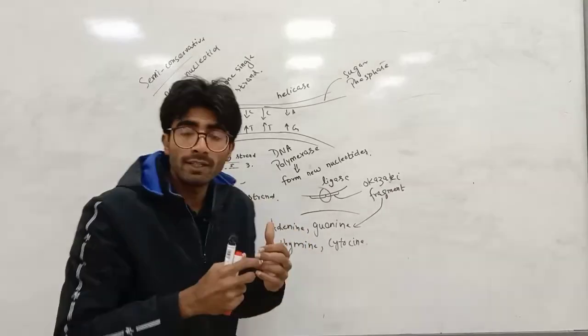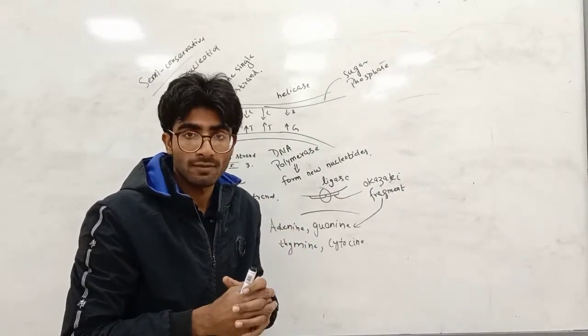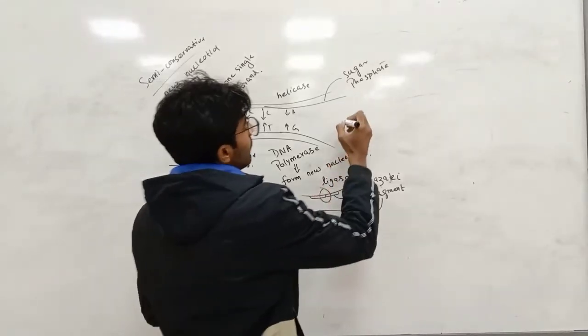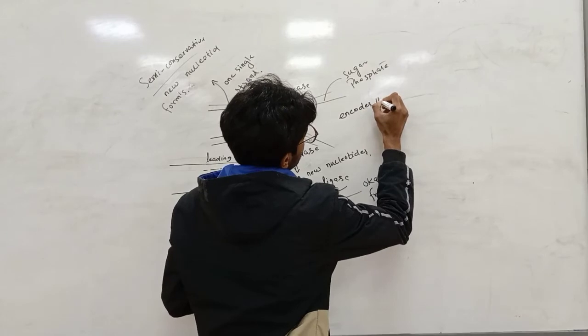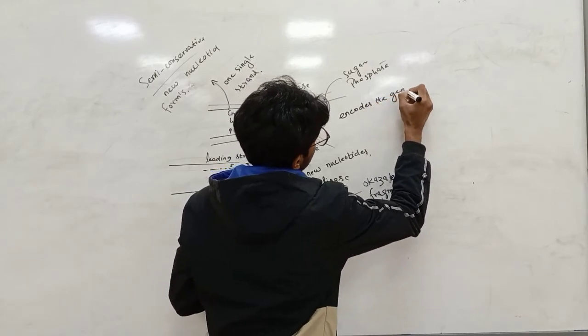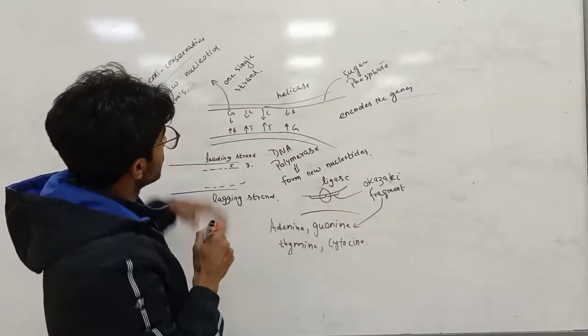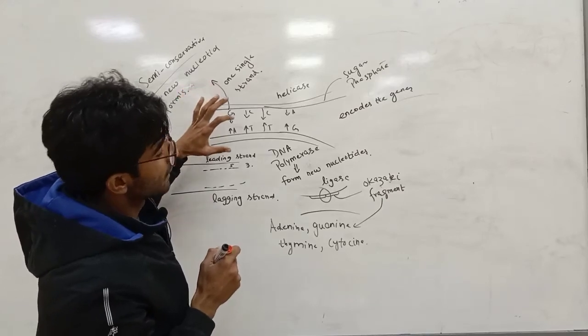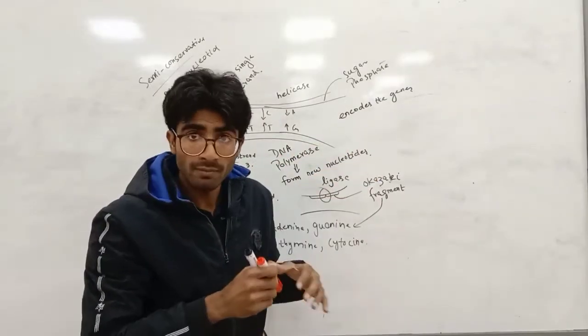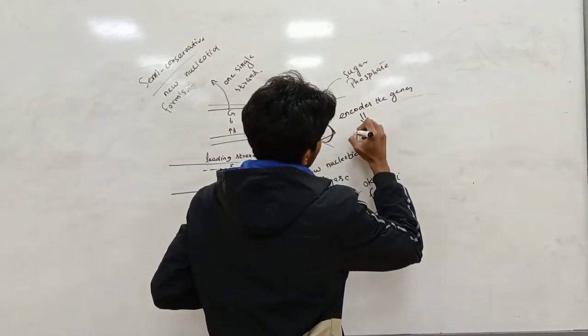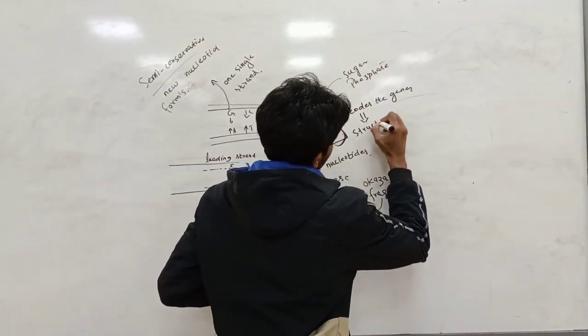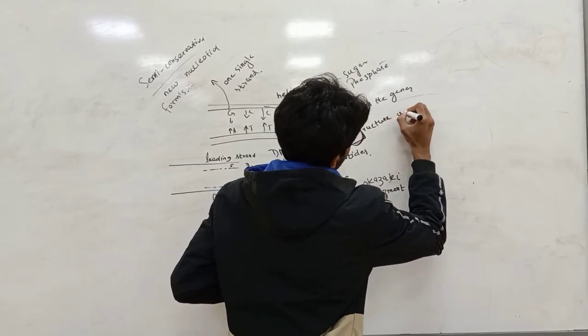So how can we repair the DNA structure? When we encode the gene into the DNA structure, the structure will be normal after this step. Structure will be normal.